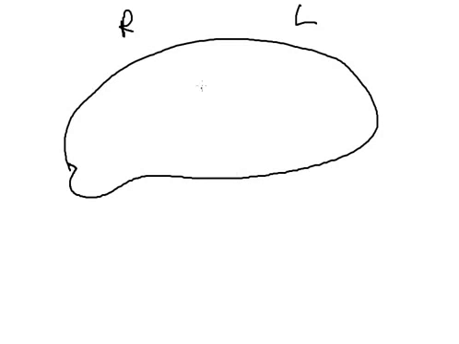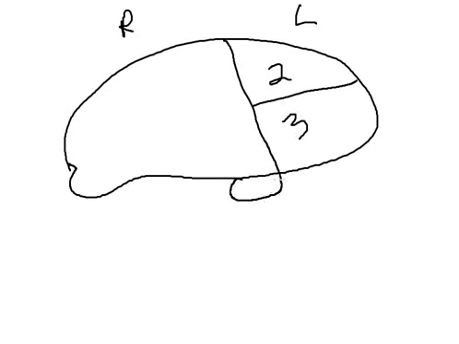So let's go ahead and draw this. This is the left lateral segment, which comprises segments 2 and 3. Segment 1 is the caudate lobe, which wraps itself around the inferior vena cava, the majority of which belongs to the left side, and a small portion of which belongs to the right side.